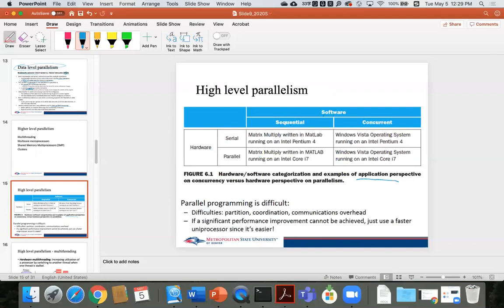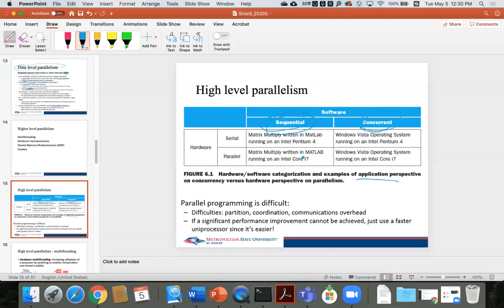When people think about software, the software perspective of application parallelism could be sequential. Certain calculation is considered to be sequential calculation, and certain calculation is considered to be concurrent calculation.